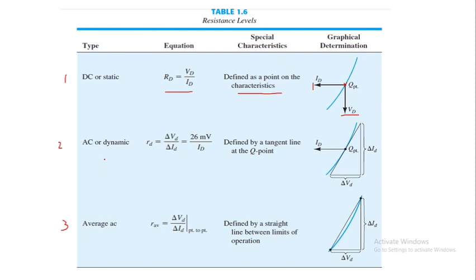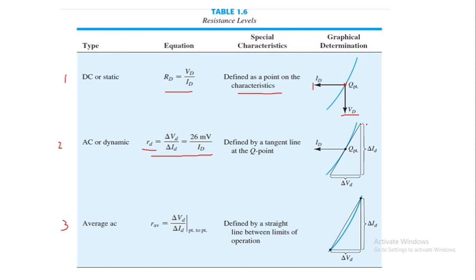And for AC or dynamic resistance, this is the mathematical equation. You just need to find the value of ID and you will get small rd, that is AC or dynamic resistance. But if you want to find it from the characteristic curve, you need to draw a tangent line with equal swing upward and equal swing downward.